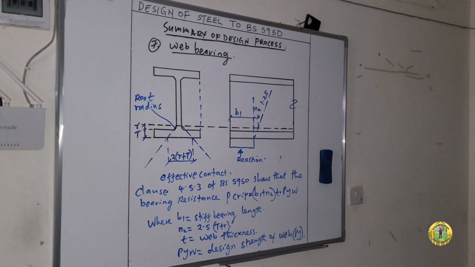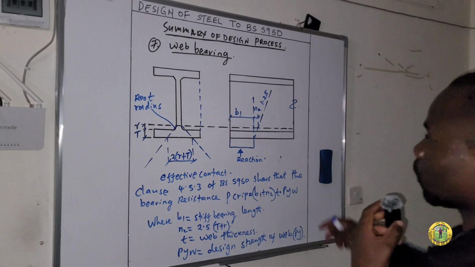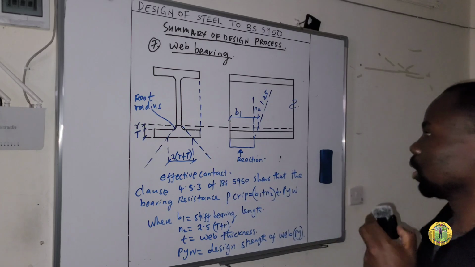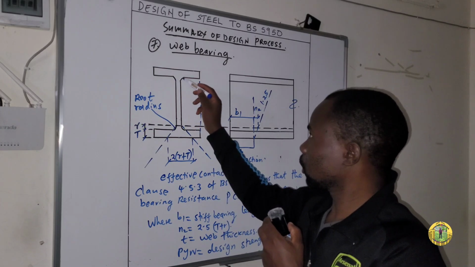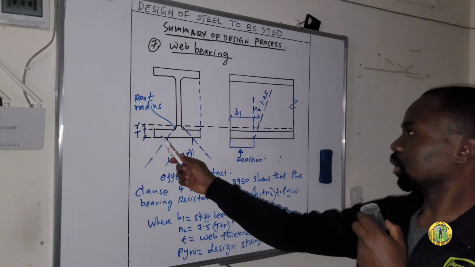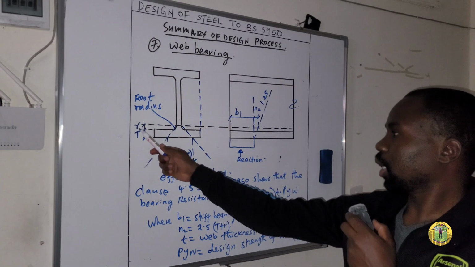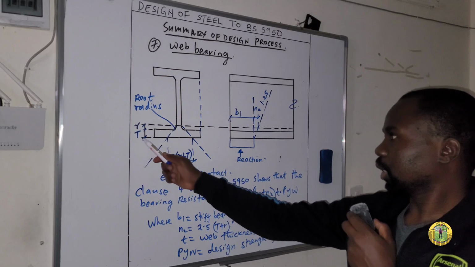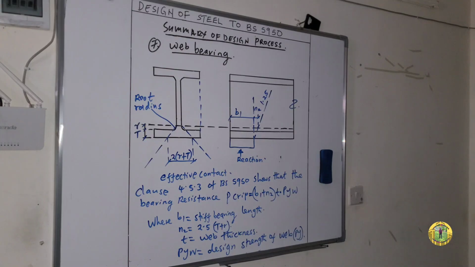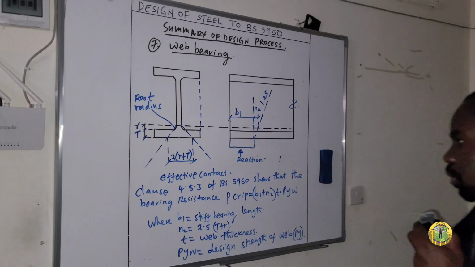Now let's talk about web bearing, which is the last design consideration. This is the section. We have the root radius, this one, also this one and this one. This distance is r, the root radius, and t is the thickness of this section.